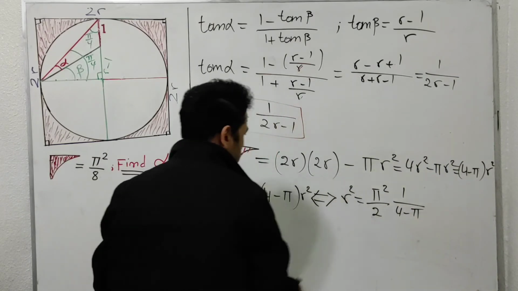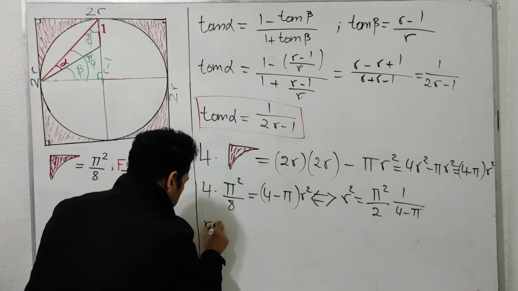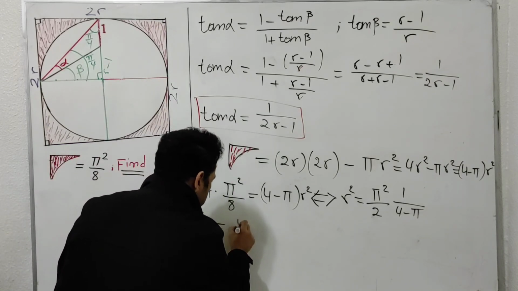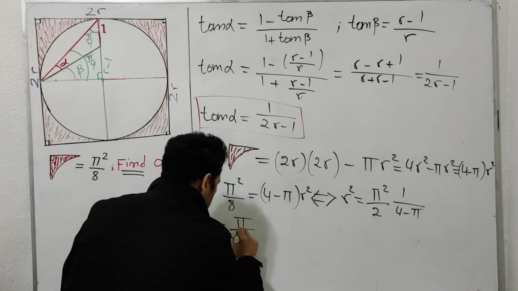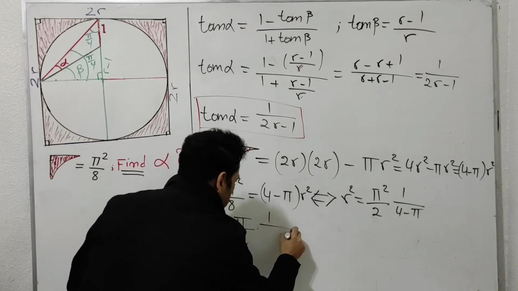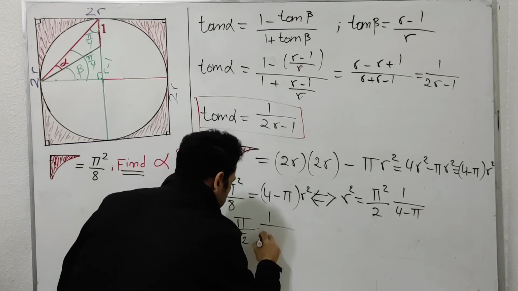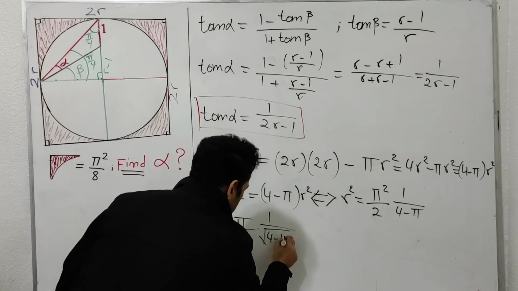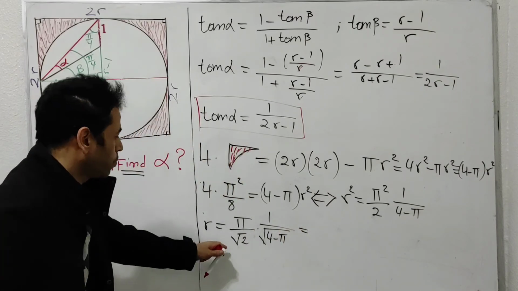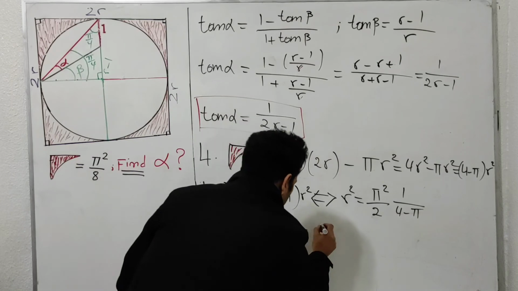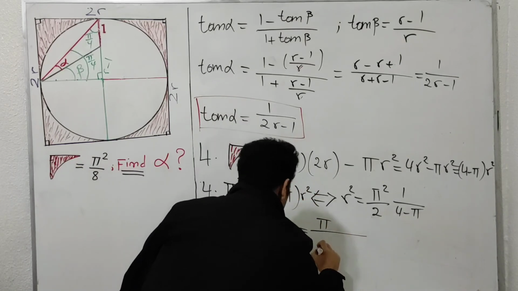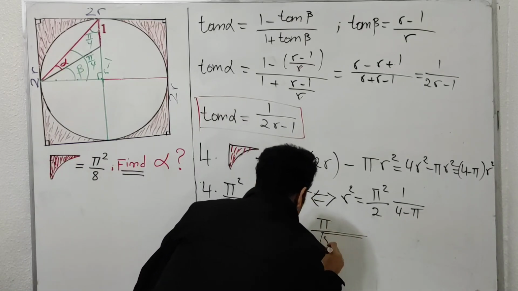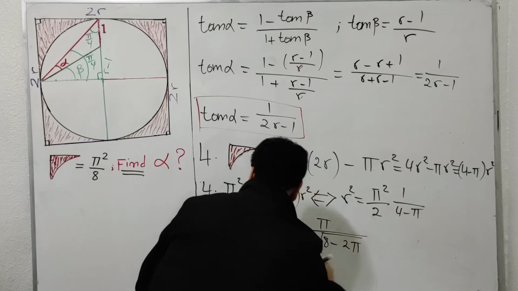I'm going to apply the square root on both sides. I will get r equals pi over square root of 2, times 1 divided by square root of 4 minus pi. I'm going to put this together. I will get pi divided by square root of 8 minus 2 pi.